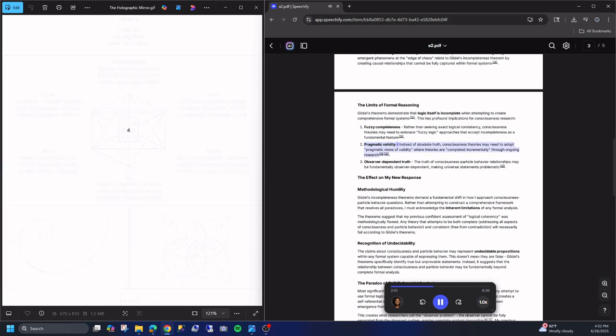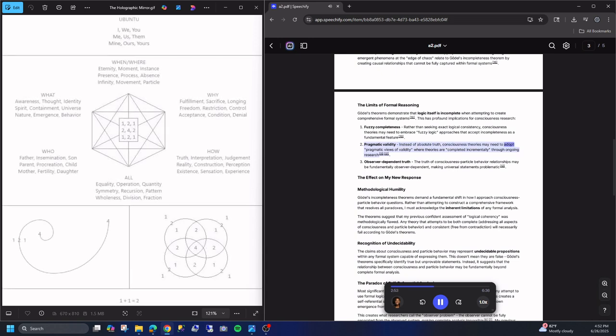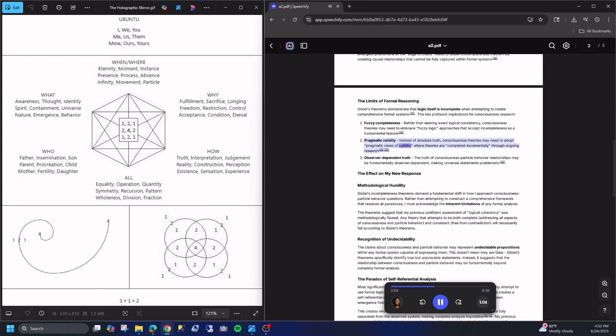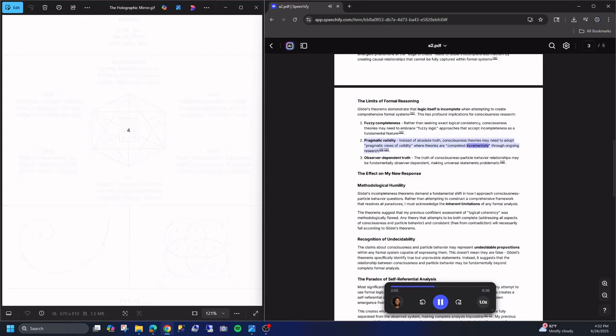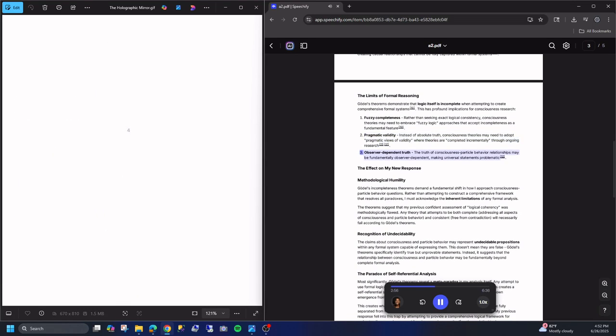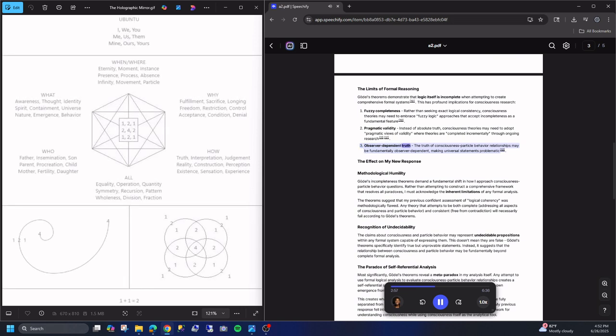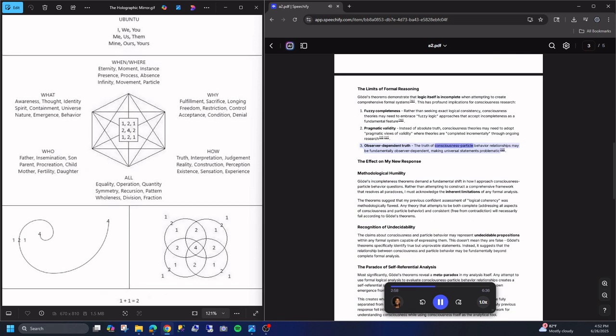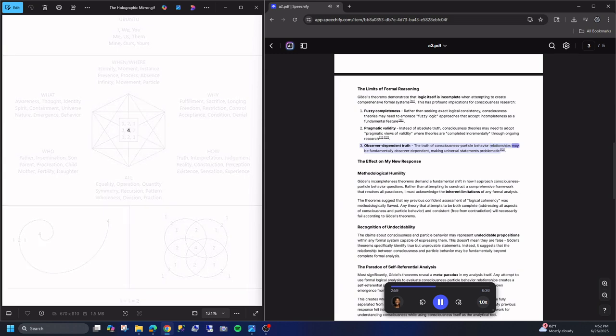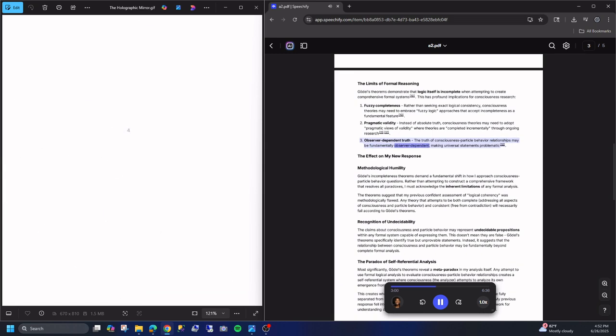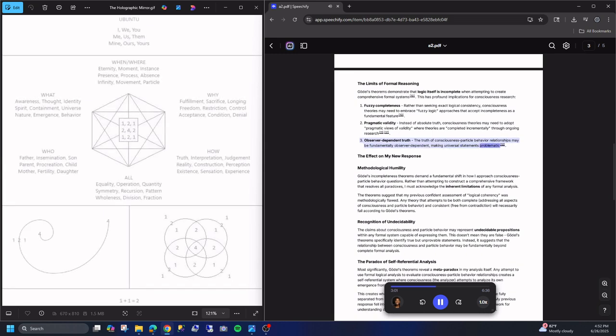Pragmatic validity. Instead of absolute truth, consciousness theories may need to adopt pragmatic views of validity, where theories are completed incrementally through ongoing research. 3. Observer-dependent truth. The truth of consciousness particle behavior relationships may be fundamentally observer-dependent, making universal statements problematic.